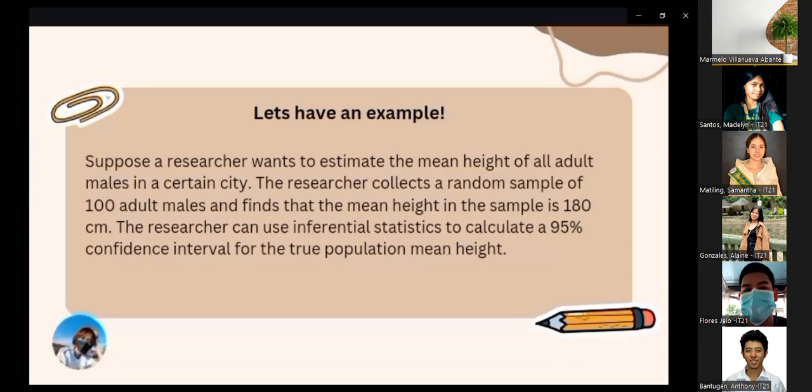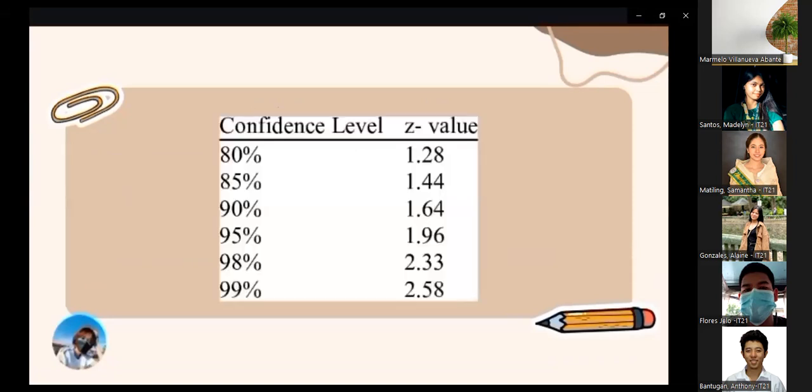The researcher can use inferential statistics to calculate a 95% confidence interval for the true population mean height. Before proceeding to the solution, this table shows the equivalent confidence level and its z value.